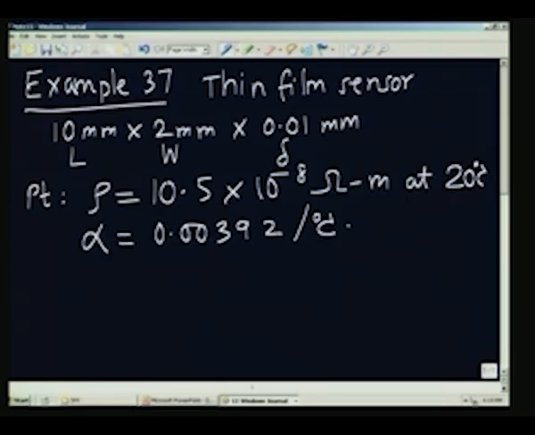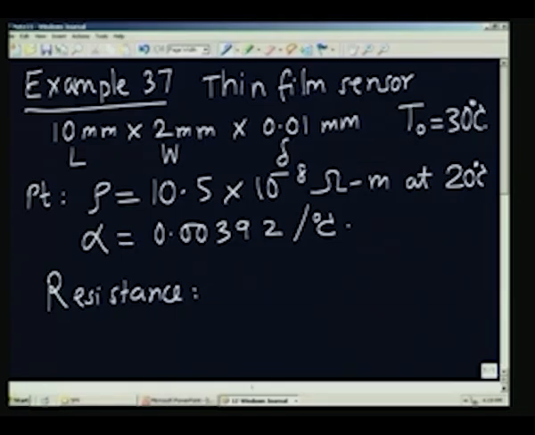So, I can actually calculate the resistance of the element initially. The temperature is 20 degrees Celsius. I am given at 20 degrees what is the rho, so I can calculate the resistance at 20 degrees.